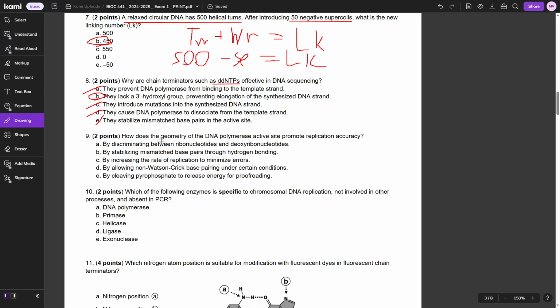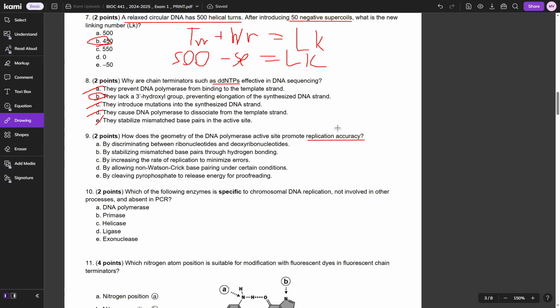How does the geometry of DNA polymerase active site promote replication accuracy? Okay, so I'm looking for anything to do with the exonuclease activity, or anything to do with preventing normal nucleotides from going into the DNA polymerase instead of dNTPs.